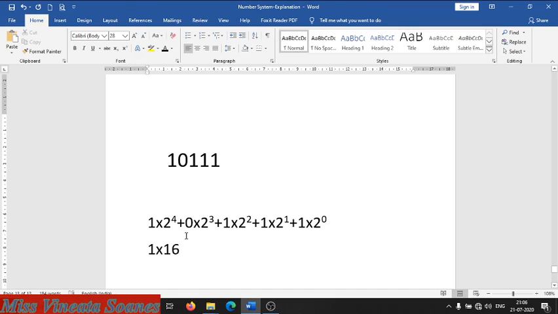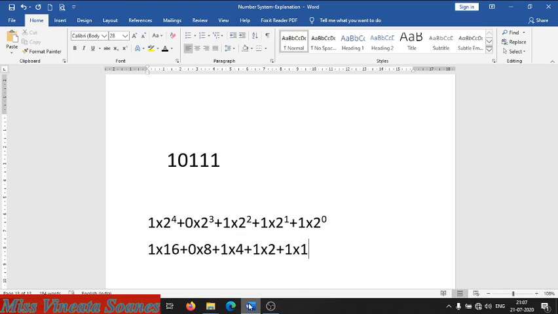So you get 16 plus, again, this in this case is going to be 0 into 8, plus 1 into 4. Okay, you're getting it. Now 1 into 2 to the power of 1 will be 2, plus the last one, 1 into 2 to the power of 0, remember, is equal to 1.